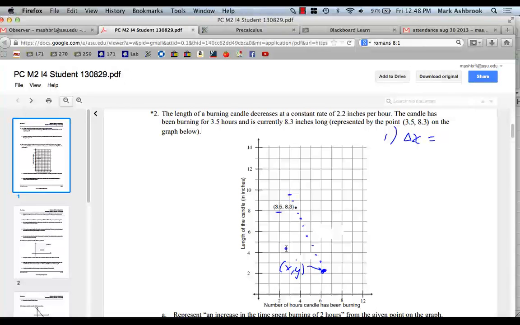How? With what x value? No, x. X represents any point that I would have picked here. I could have picked this one, this one, this one. So what is the change from 3.5 to x? How would you write what delta x is? 3.5 minus x. Agree with that?